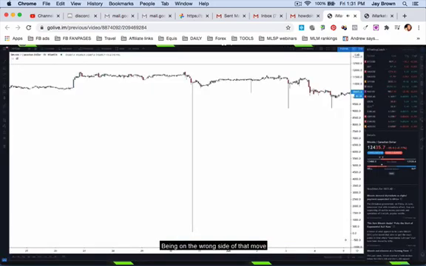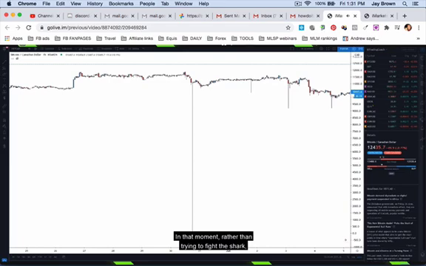Being on the wrong side of that move would be absolutely detrimental. Almost as if you were peacefully minding your own business, swimming in the ocean, and a great white shark appeared from the depths.